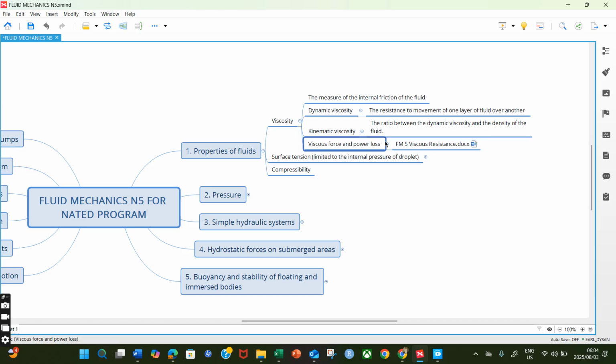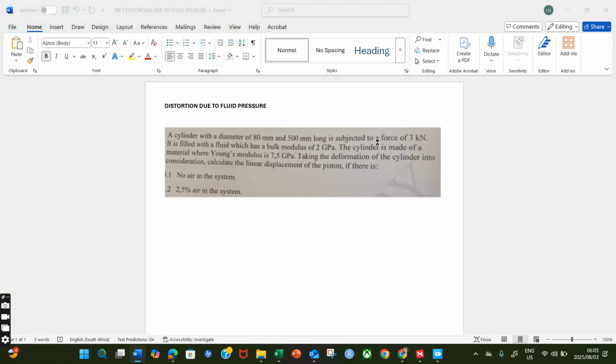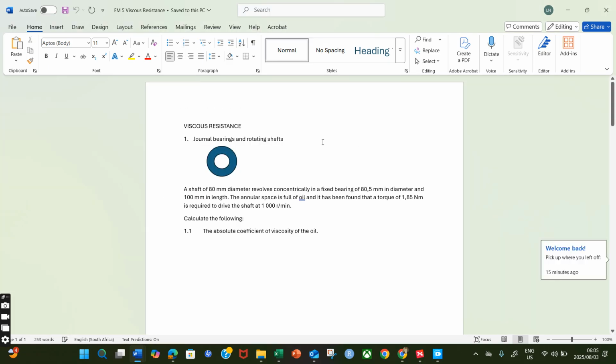So that is what we're going to focus on in these calculations. The power loss is due to the stickiness of the fluid as the machine parts or different components move over each other. Let's take a quick look at these few calculations here.